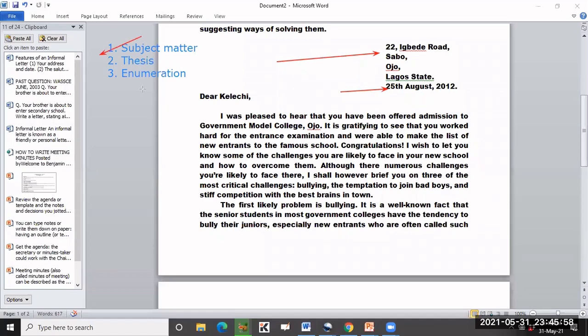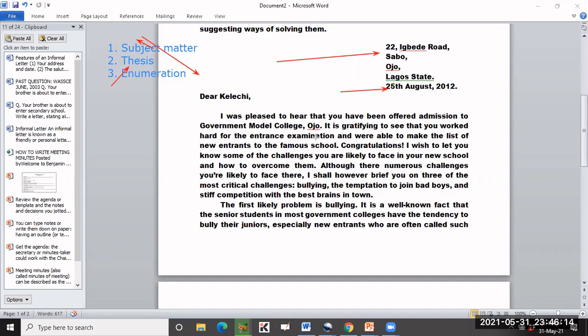So I want you to look at these three main points. Now, having looked at this, let's look at how we have taken care of these three major points.